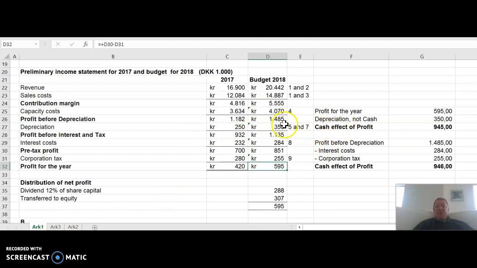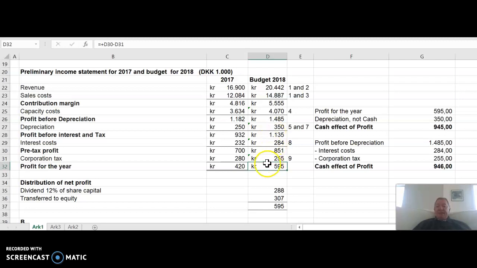We have deducted 350 because it is a cost, but it is not cash, because depreciation is a decrease in value of assets that we purchased maybe years ago. So the 350 is not a payment.